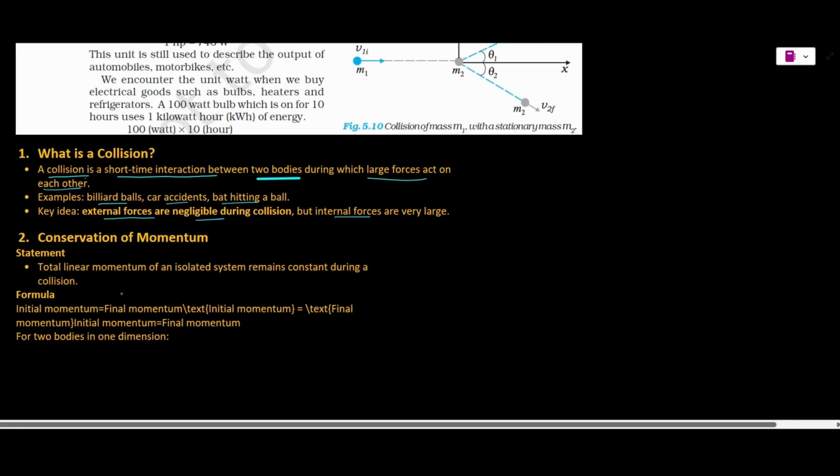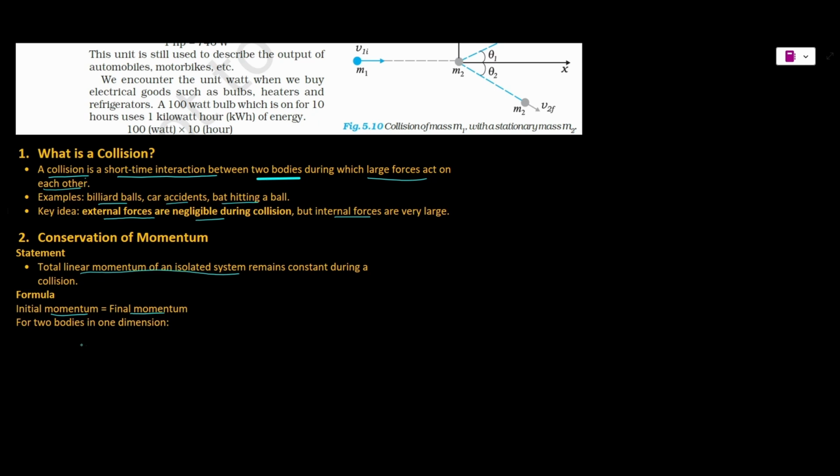Then what is the next thing? The next thing is conservation of momentum. When there is collision, there is conservation of momentum. The total linear momentum of an isolated system remains constant. If I want to put this definition in mathematical language, I would say initial momentum is equal to final momentum.